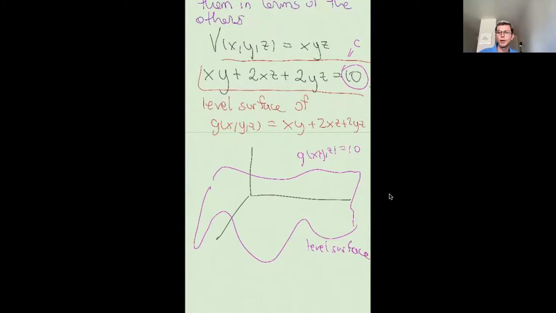Now, someone mentioned on the chat tangent planes, which is a good thing to have said, because the points on this surface have tangent planes, right? And what was the normal vector to these tangent planes? The gradient of the purple function at that point. Correct. So the tangent planes have normal vector equal to the gradient of the function. Yes.